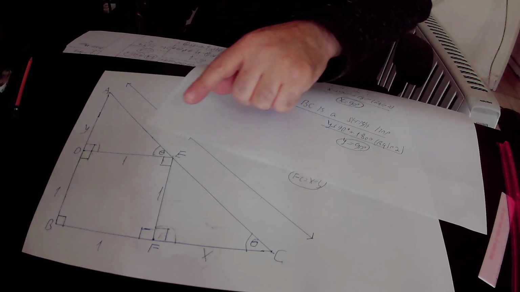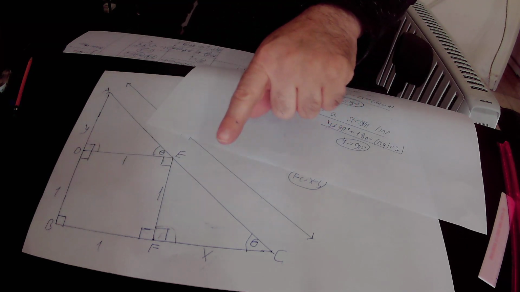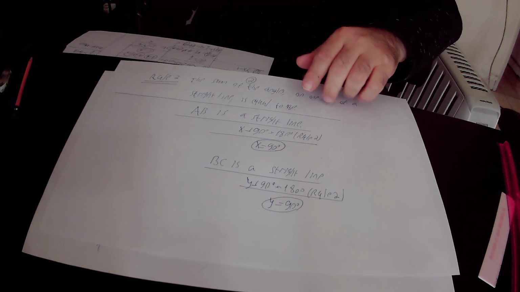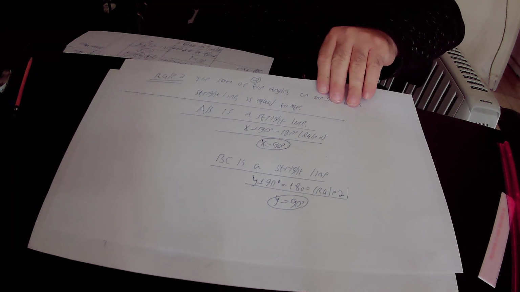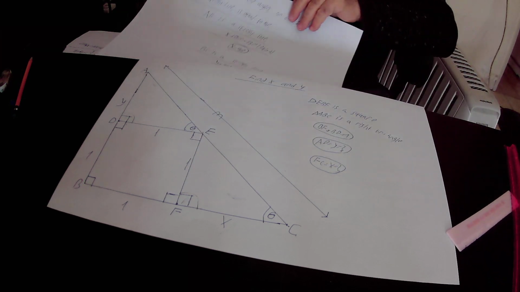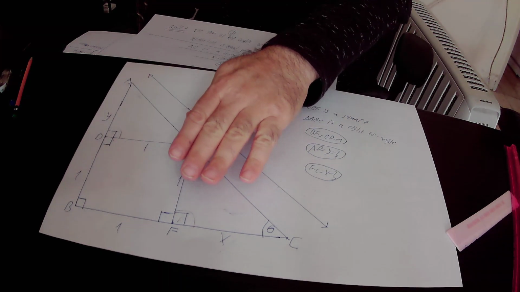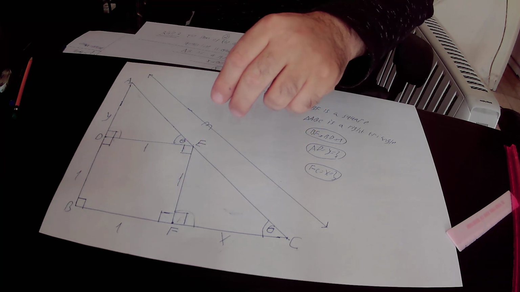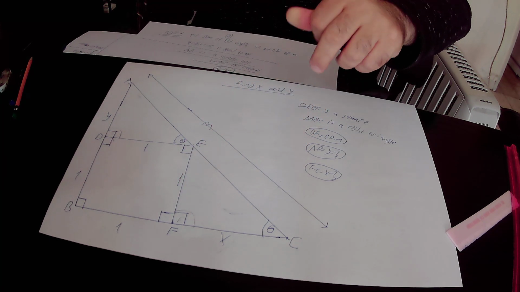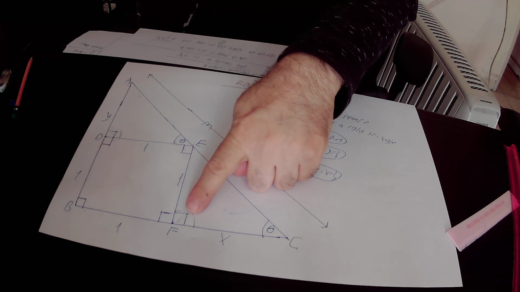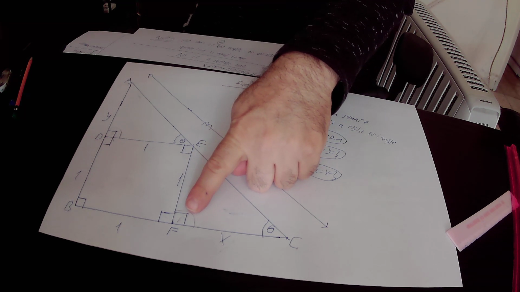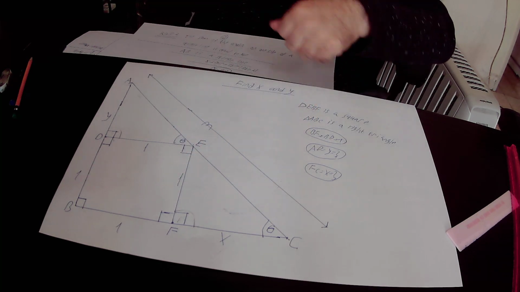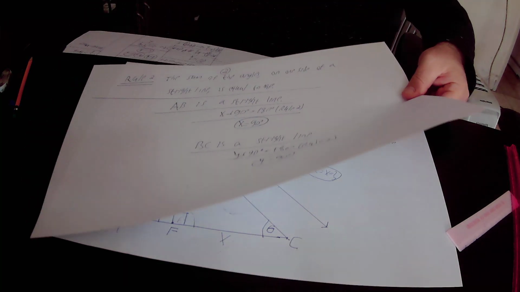Likewise, we know that BC is one side of the right triangle ABC, therefore it is absolutely a straight line. So if we focus on the upper side of the straight line BC at point F, then the sum of the angles must be equal to 180 degrees. If we define this angle as angle Y plus this angle that equals 90 degrees, in total the sum of those two angles must be equal to 180 degrees.